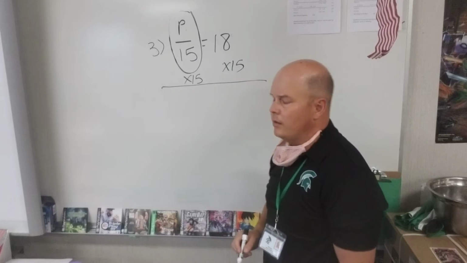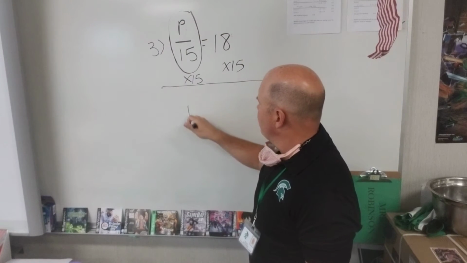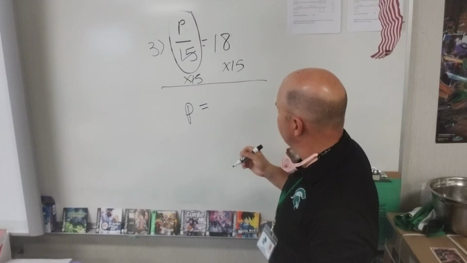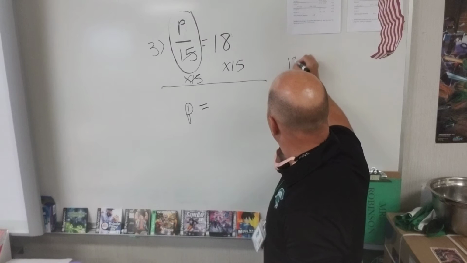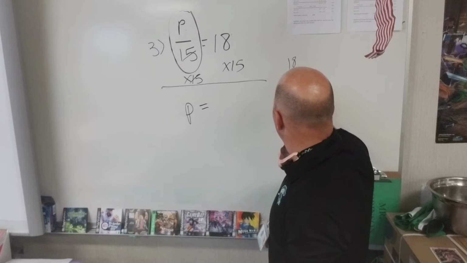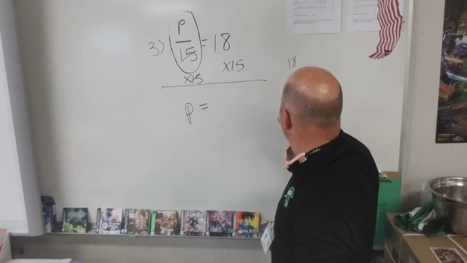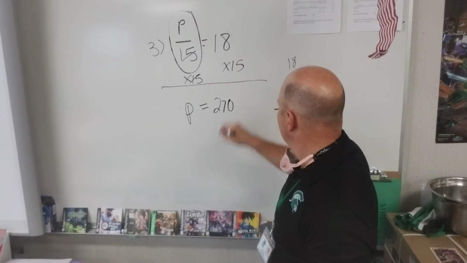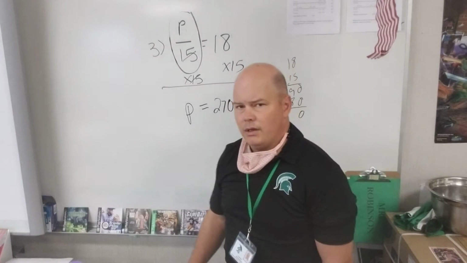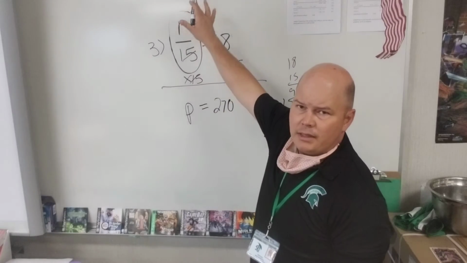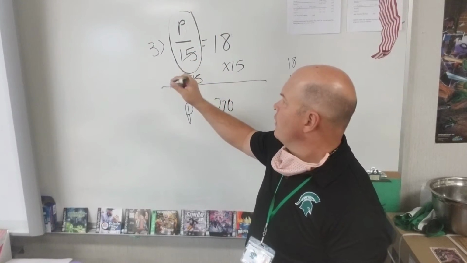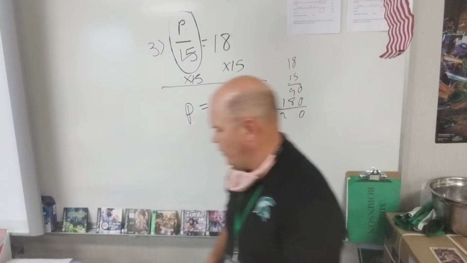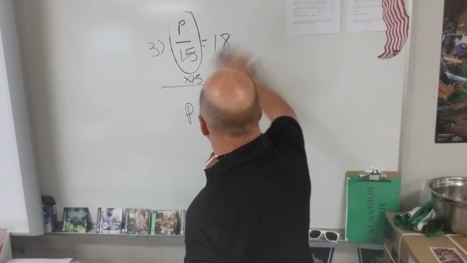This goes away, and now I'm left with p by itself, and then 18 times 15 is 270. So p would be equal to 270 in this case. Again, identify the side you need to be moving stuff from, identify what's happening to it, take the inverse operation to both sides, and you'll get your answer. That's how it works. Let's look at another one.